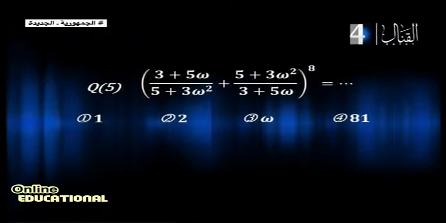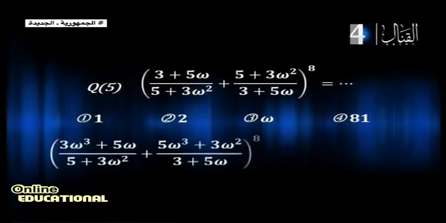My dear student, look at the first term, 3 plus 5 omega over 5 plus 3 omega square. 3 omega power 3. Why? Omega power 3 equals 1.